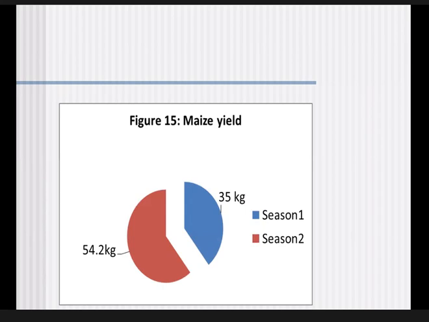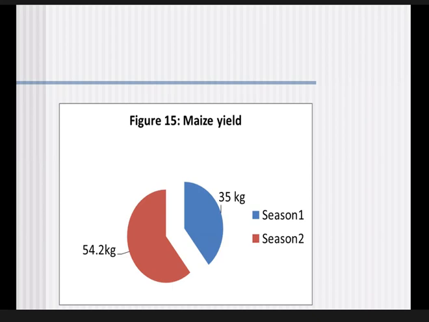Then here we have a pie chart. This is figure 15, maize yield. Number 1, that title should be at the bottom. Number 2, it is not self-explanatory. We don't know what it means. So you should make that title self-explanatory. This is for 2 seasons, season 1 and season 2.